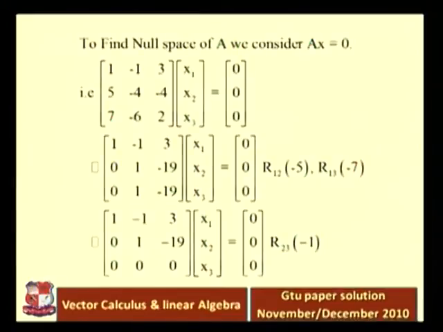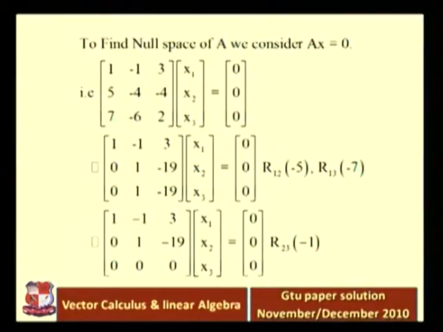Now we convert this matrix into row echelon form. So we multiply the first row by -5 and add it to the second row. We multiply the first row by -7 and add it to the third row. The first row is as it is, 1 -1 3.